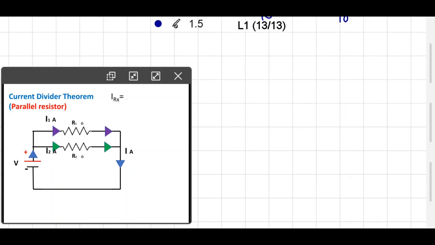So we have to find out the current through resistance Rx. So see, let us consider this is a battery. Now current I is flowing through this branch, and when it comes to the junction, there are two resistors connected in parallel.